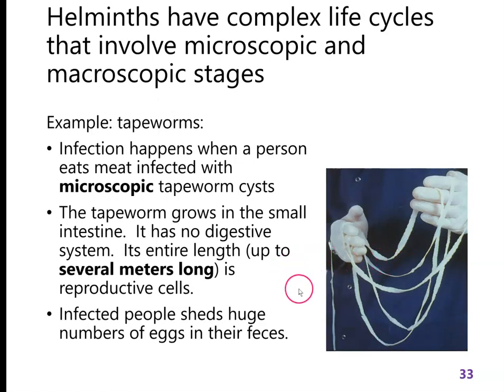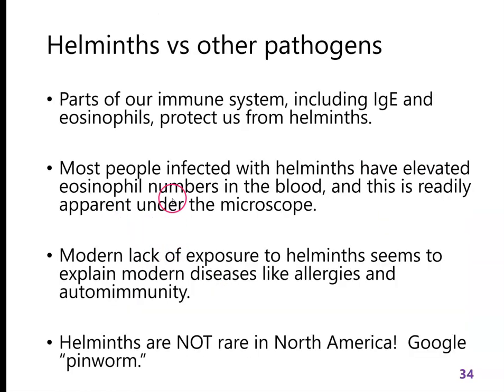They are complex and disgusting. So this would be an example of a tapeworm taken from a patient. It can be very long, but remember, when the person first ate the thing that gave rise to this, it was microscopic. So a microscopic tapeworm cyst inside meat. And then there are others that are little worms we eat.